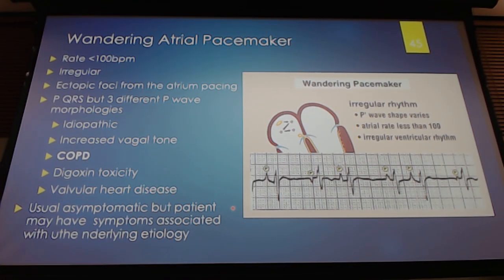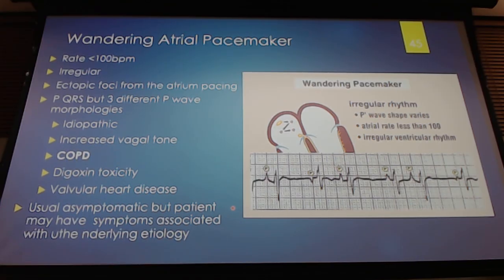All right, we have a wandering atrial pacemaker. Wandering atrial pacemaker rate is going to be less than 100, so usually 60 to 100. The rhythm is going to be irregular when we look at that bottom 10-second strip. Okay? And we're going to have foci from the atria.